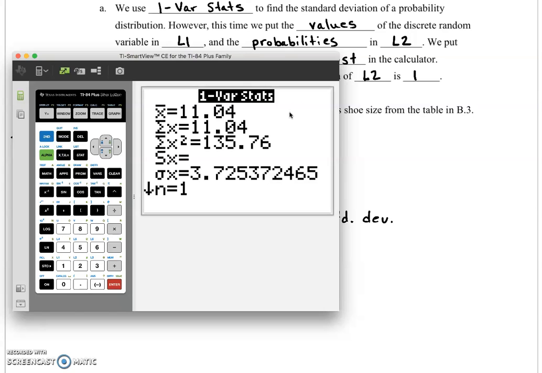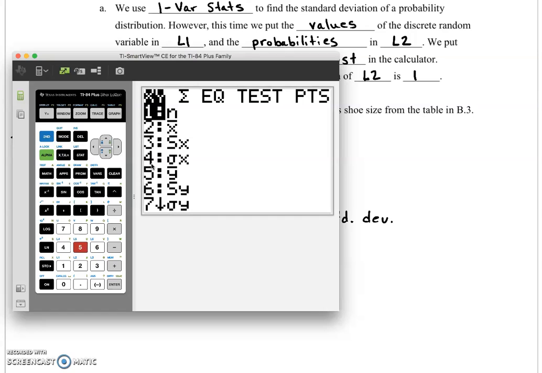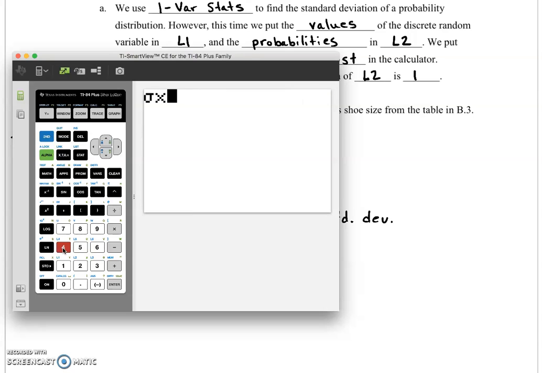After you've done the one var stats, you can hit the vars key, pick number 5 for statistics, and remember the variance is just the standard deviation squared, so we want to pick number 4, and then hit the little x squared button over here on the left-hand side, about halfway up the keys.